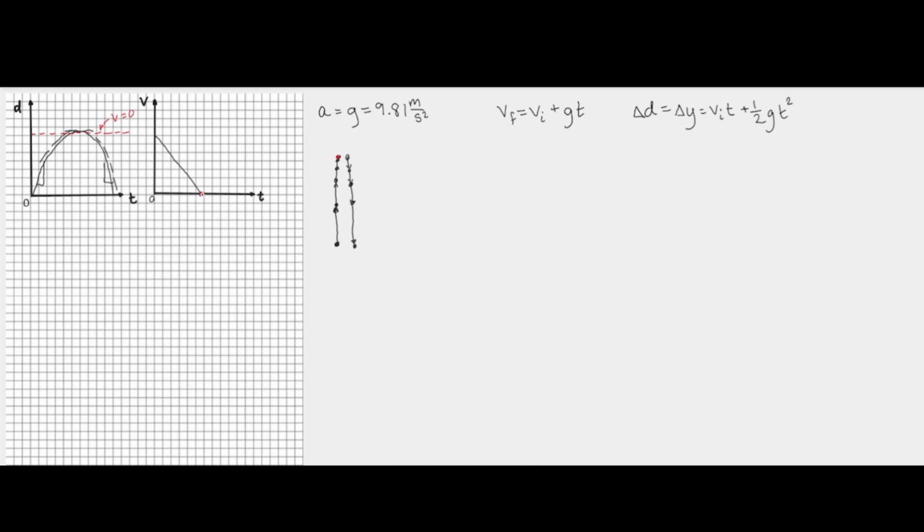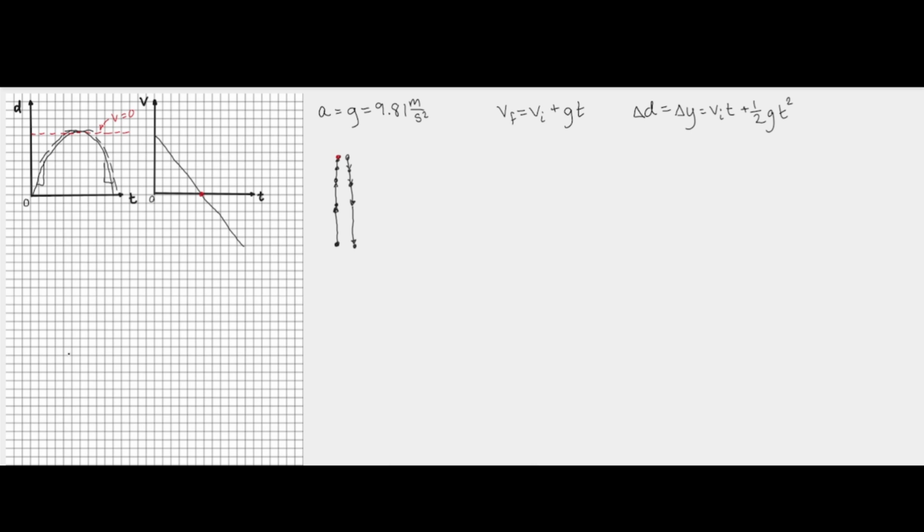And so it continues this straight line moving downward. So that is the velocity versus time graph. It's a little bit more simple, but it starts at some positive value, and then it hits 0 at the top of the trajectory, and then it goes negative because it starts moving downwards towards the Earth.